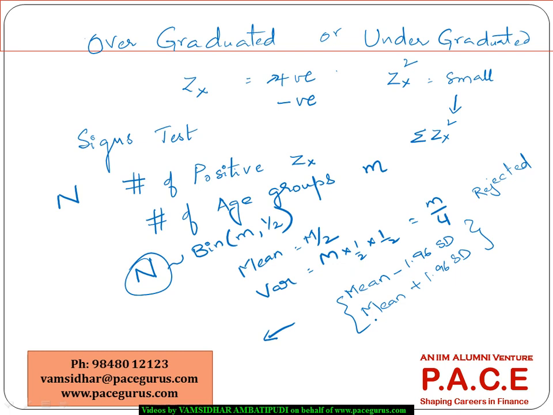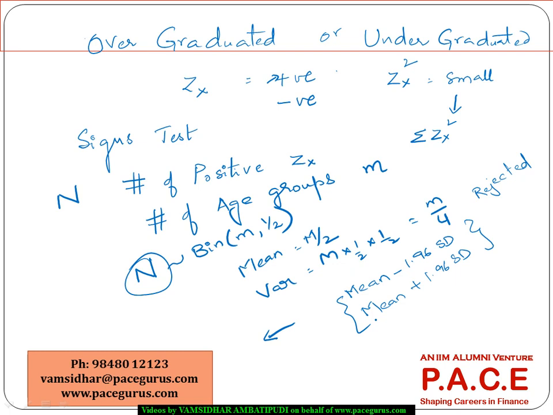Similarly, when the number of positives is much lesser than the mean minus 1.96 standard deviations, then more negatives are there, which means the expected rates are much higher than the actuals, meaning there is a lot of overgraduation present.